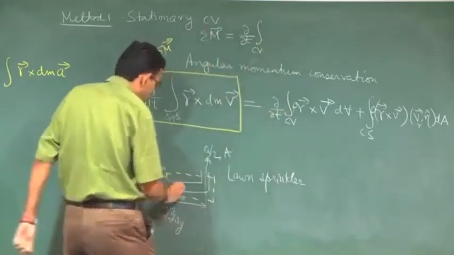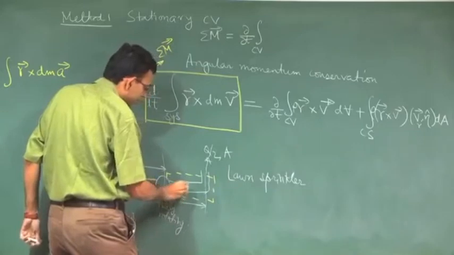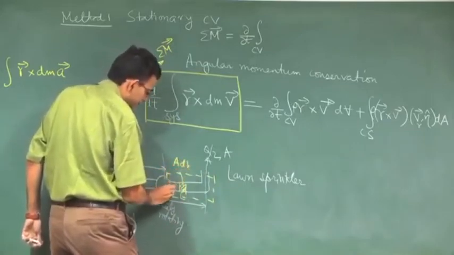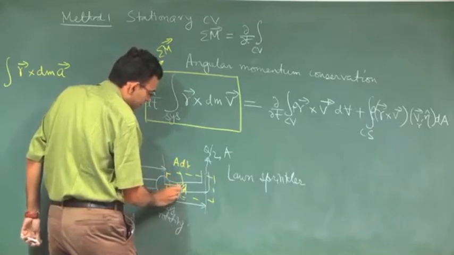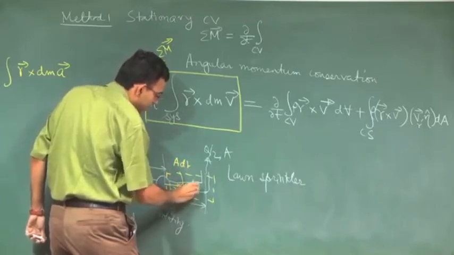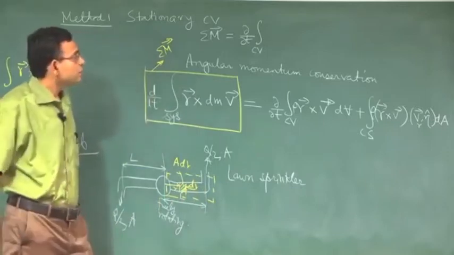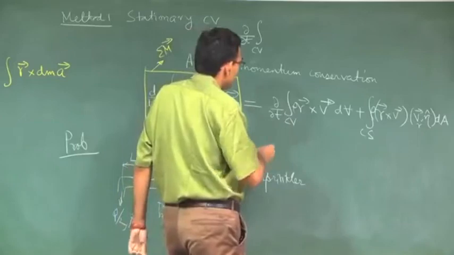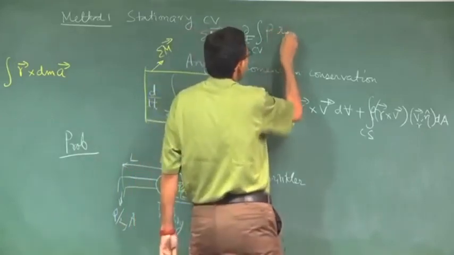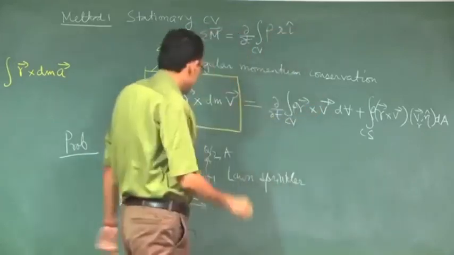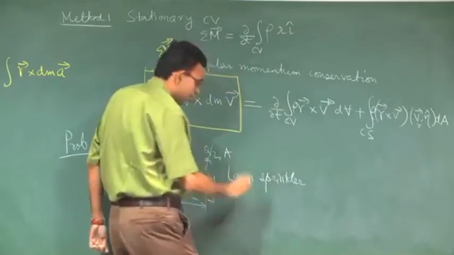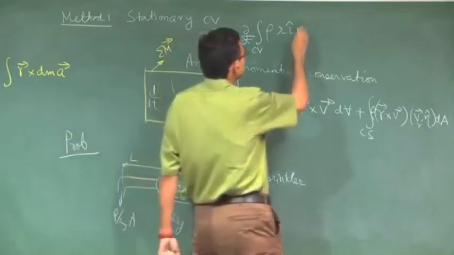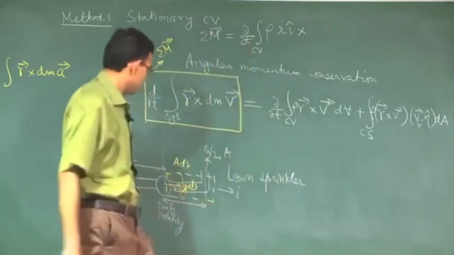so if you take a small element dV, this is what? This is A dr. At a radial location r, if you take a strip of width dr, so dV is A dr, so we can write R is r i, so this is the unit vector along the x axis, cross, what is V?